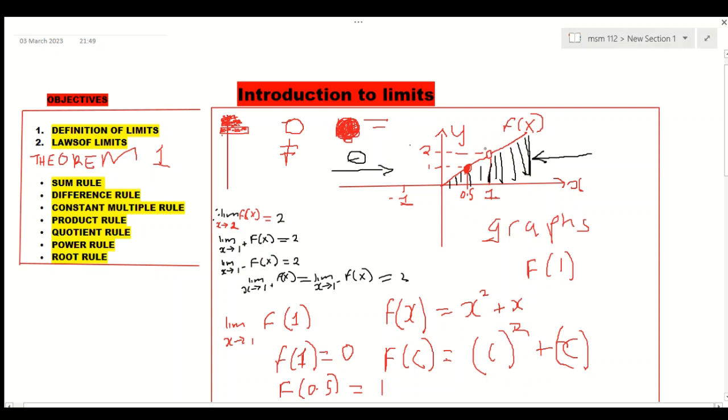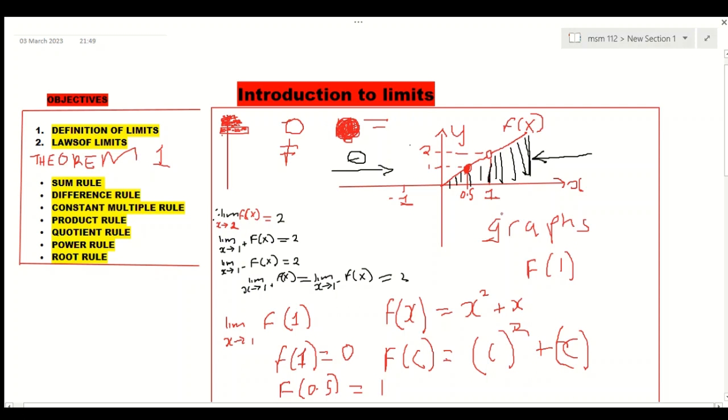But at 1, there is a disjoint, meaning there is no continuity there. It's a 0 because f at 1 is not included. But as x approaches 1, we've got a value, which is this limit. But for the function at 1, you cannot substitute 1 there because 1 is not included.